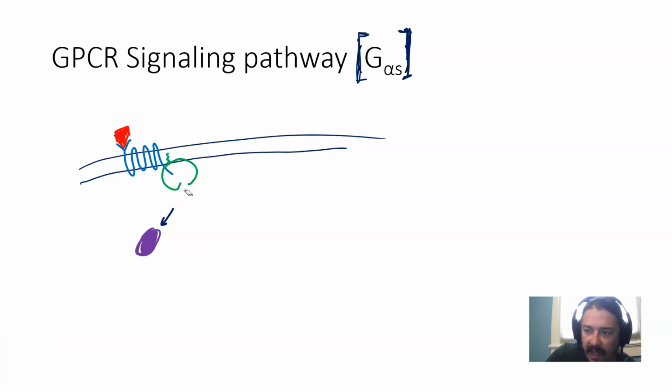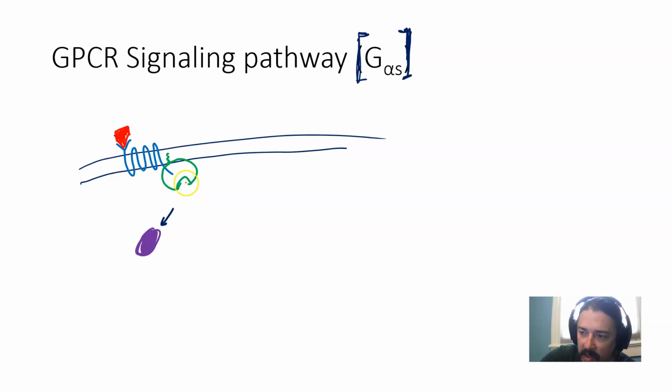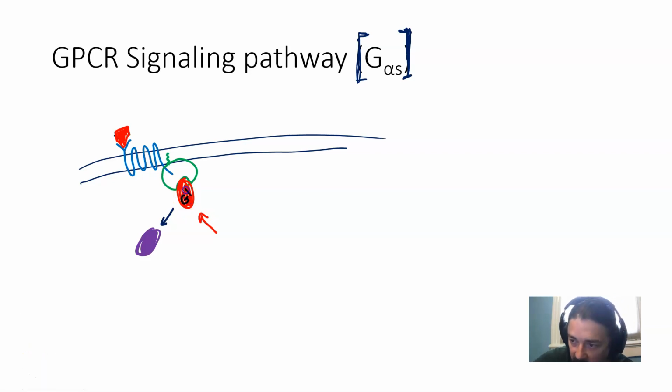And now let's use a different color. Maybe this bright red. Some GTP now fills up our G protein, right? So now our G protein is on.